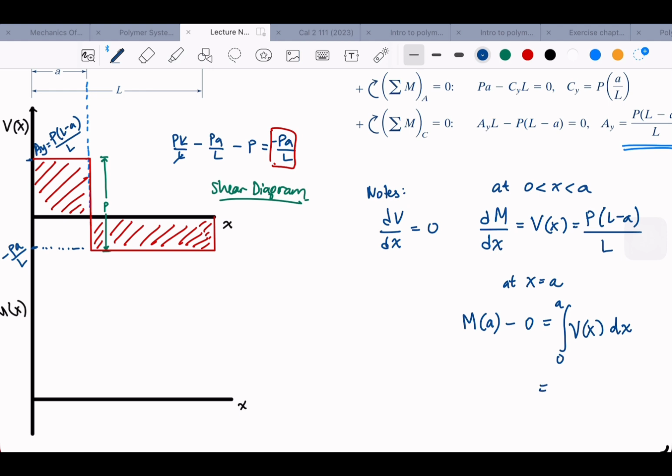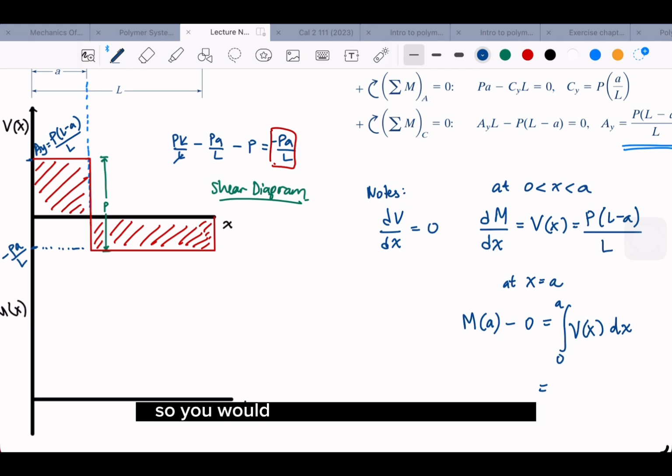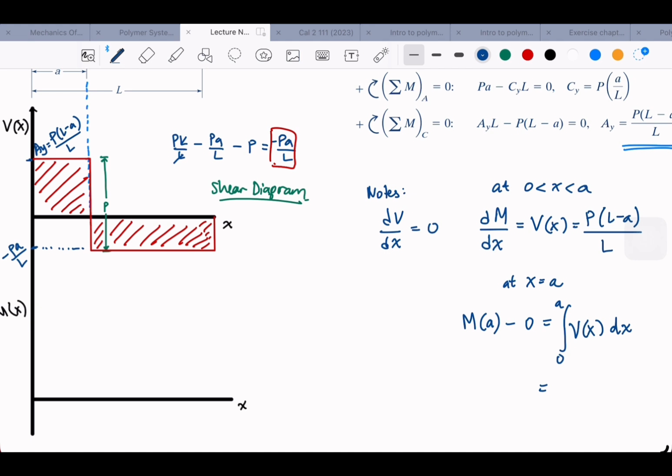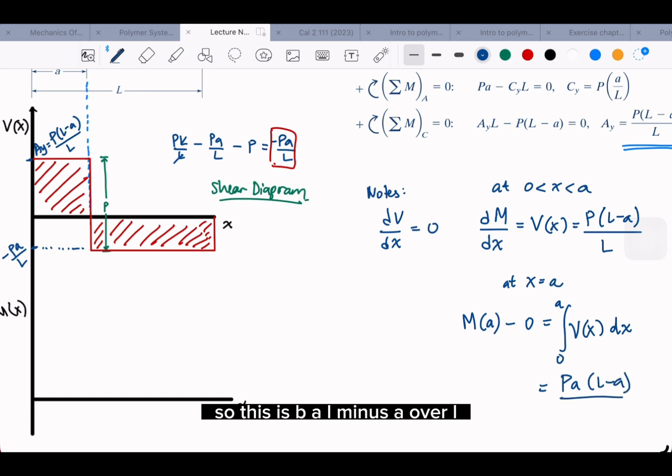This is equal, the V(x) itself is P(L minus A) over L, and since it has dx, it becomes x, so we just multiply with A basically. So this is PA(L minus A) over L.